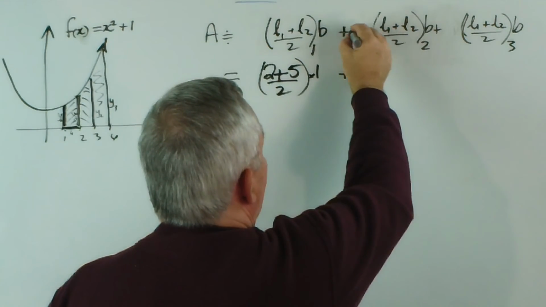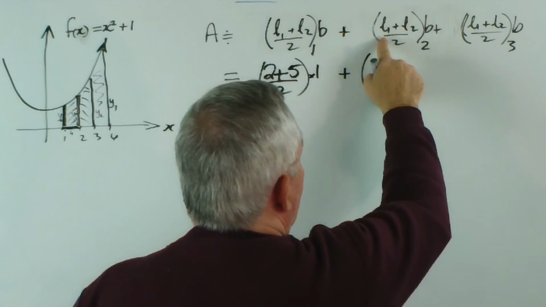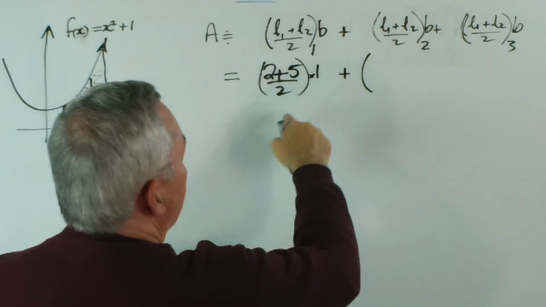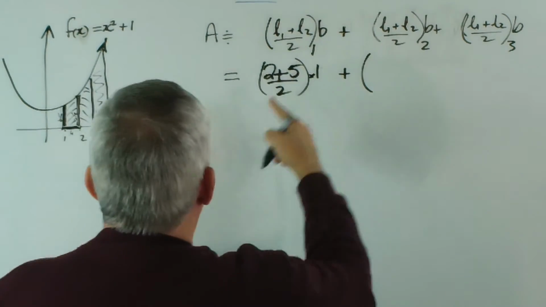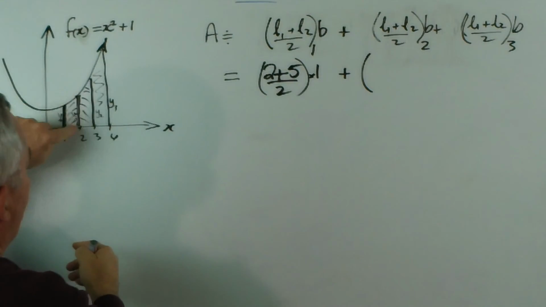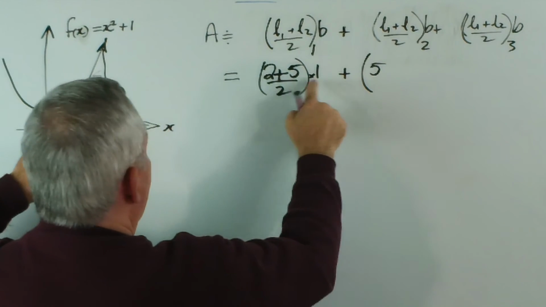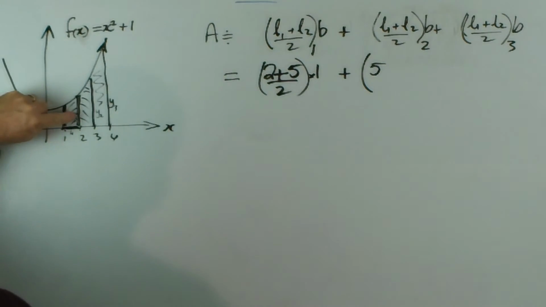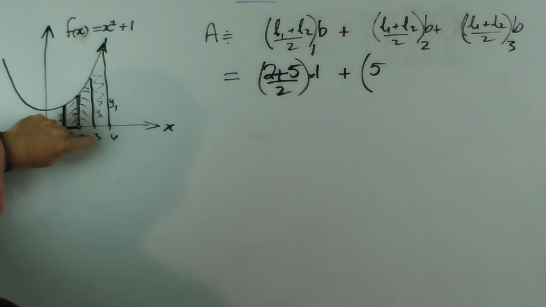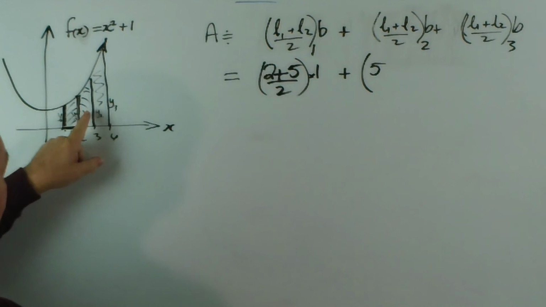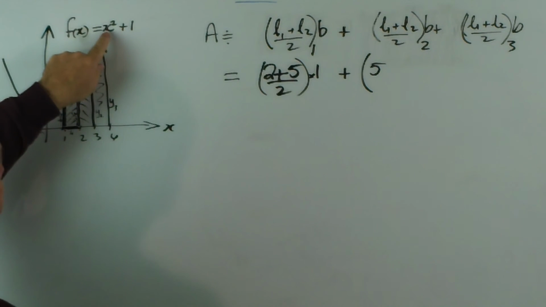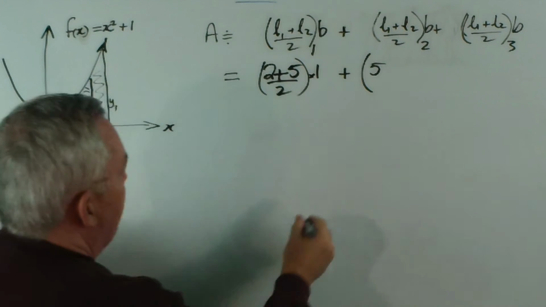Plus, and now this one, we're going to use the two lengths for our second strip. Well, we've already found this one, it's worth 5. You notice here it is. When we substitute 2, let's substitute 3 for the other side of the second strip. Substitute 3, 3 squared is 9 plus 1 is 10.